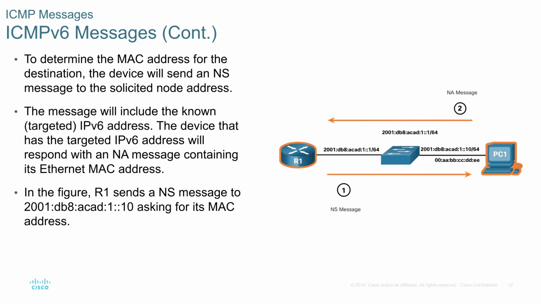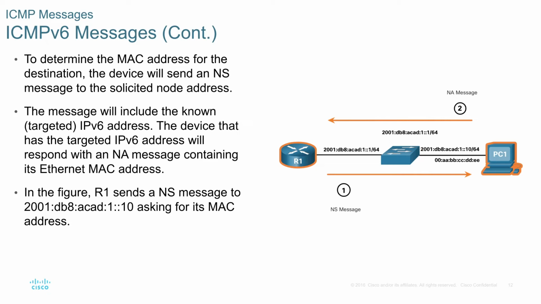To determine the MAC address for the destination, the device will send an NS message to the solicited node address. You are already familiar with the ARP request in IPv4, sending a message to the IPv4 address requesting its MAC address. The message will include the known targeted IPv6 address.